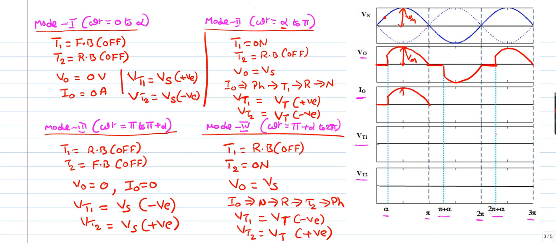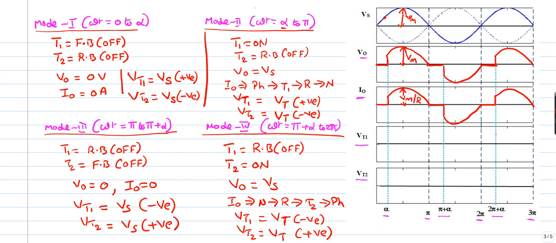As it is R load, the current wave shape is similar to the voltage wave shape, and the peak amplitude is Vm by R. In mode 3 the current is 0, in mode 4 we have the current flow, but it is in the negative direction. So again, mode 1, mode 2, the same thing will be repeated.